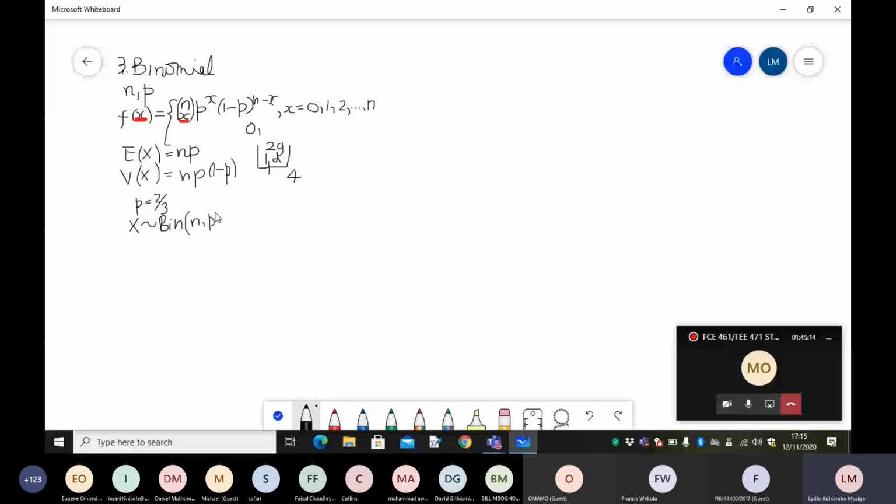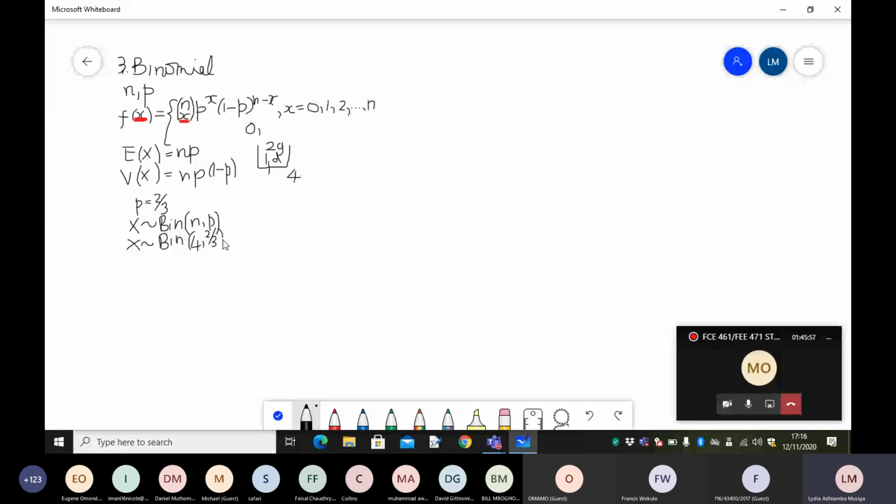If someone writes like this, what they're trying to say is that the random variable X is binomially distributed with parameters n and p. So in this question, X has a binomial distribution, and what are our parameters? We are picking 4 times from 4 boxes. So the value of n is 4. And what is the probability of success? 2/3.